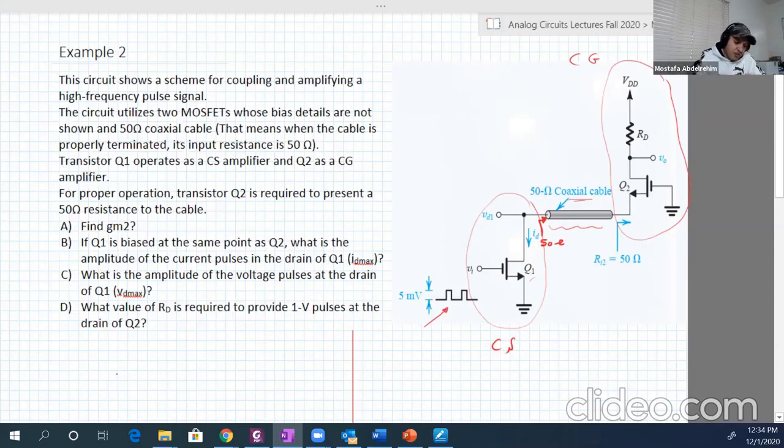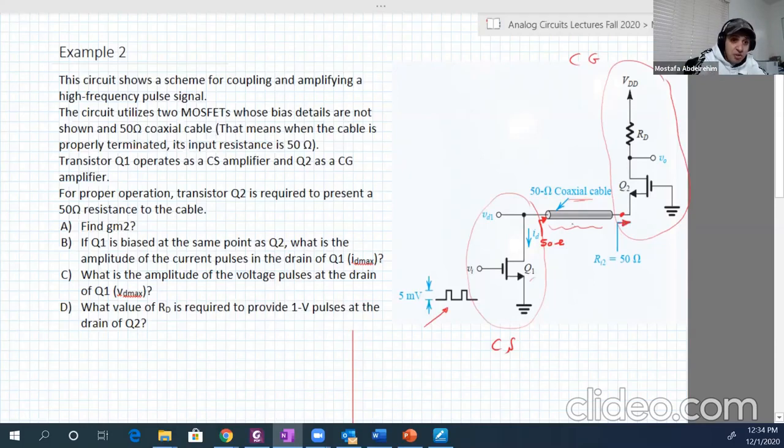For proper operation of that circuit, transistor Q2, this is Q2 here, the common gate, is required to present a 50 ohm resistance to the cable. So the input resistance of the second stage here, and remember, common gate means the input is at the source. So here is the source, and when we look between the source and the ground, we should see 50 ohm.